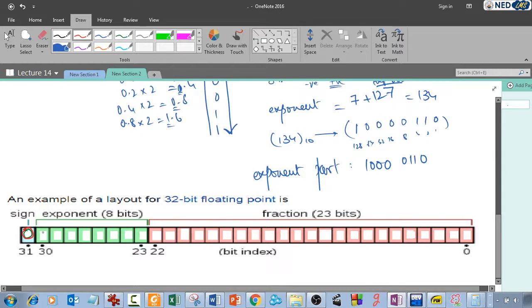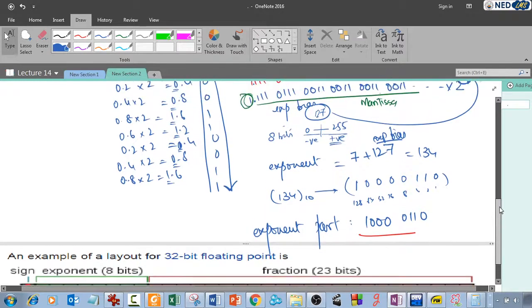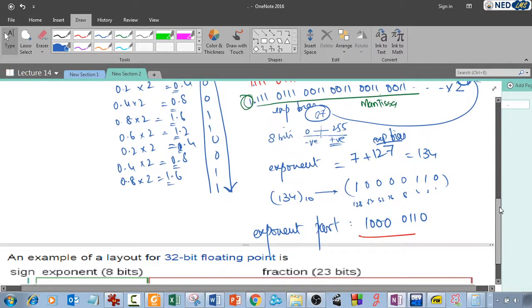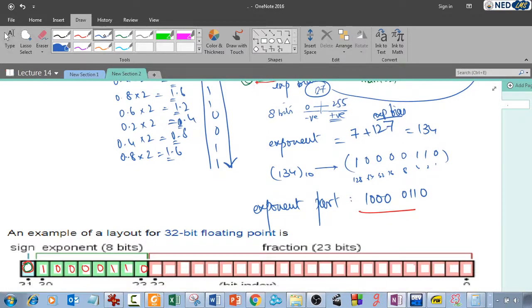The exponent part would be 1 0 0 0 0 1 1 0. And then we have the Mantissa part, which is 111 and then 0 111 and then 0 0 1 1. Let's pick another color.